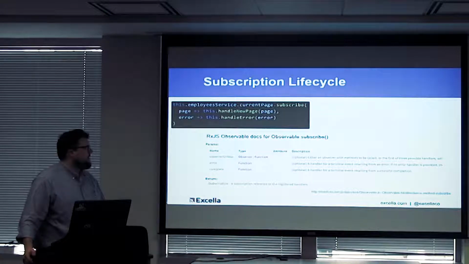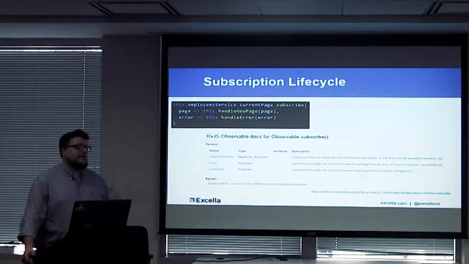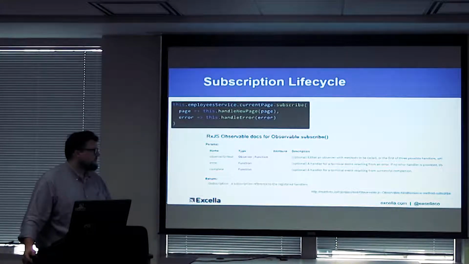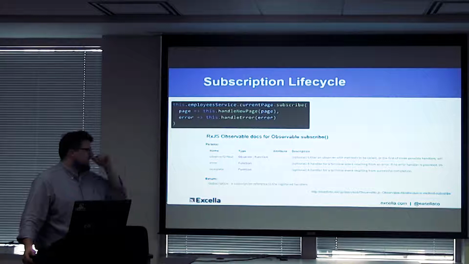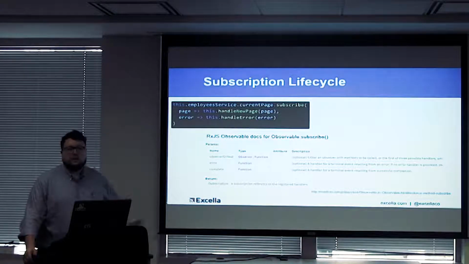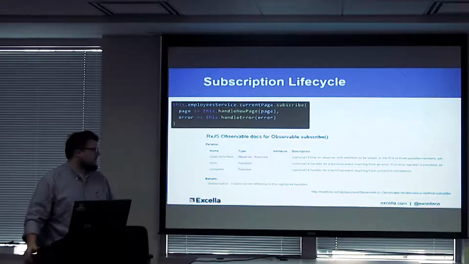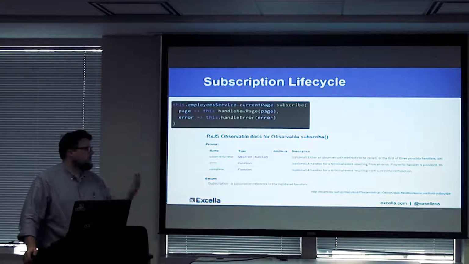So one pattern to think about is if there is an error and you want it to be not catastrophic, then you'll have to reconstruct your observable pattern. And then lastly, there's the complete, which is useful when the subscription completes but not as part of an error. So if there's something like an HTTP call and that API completes and it's going to shut down, it will call the complete and then that subscription is torn down.